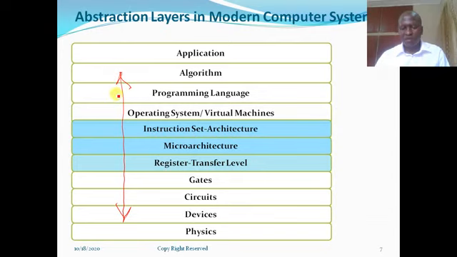So just like I mentioned, at the very bottom here, we have the physics. The physics, as I told us, is where the electrons and the photons interact with the outside world. And of course, using the natural laws of physics, we are able to engineer what we call devices, which are the discrete components that usually make up electrical or electronic circuits.